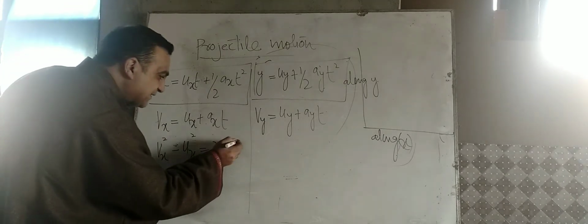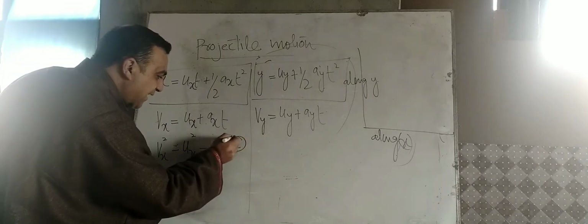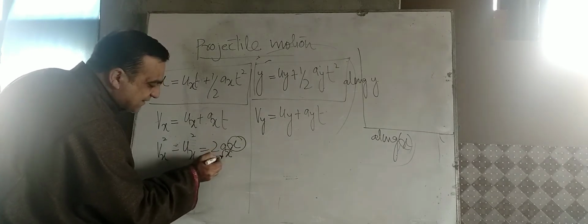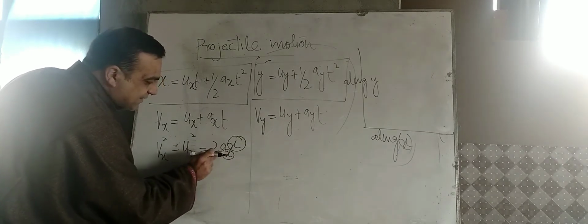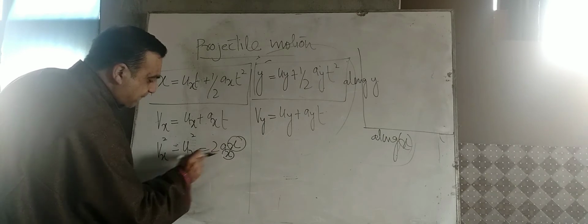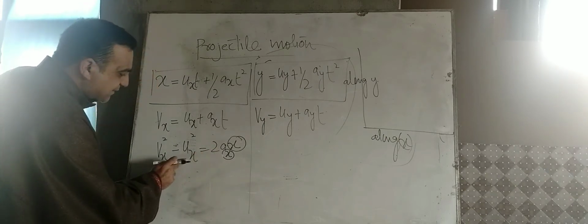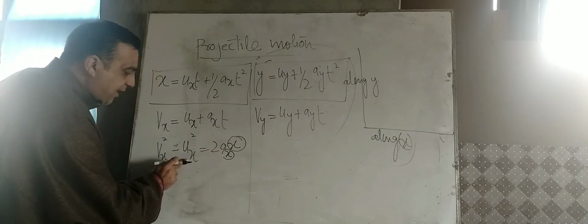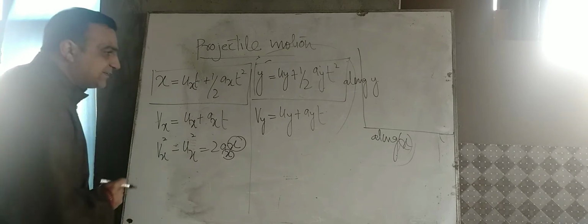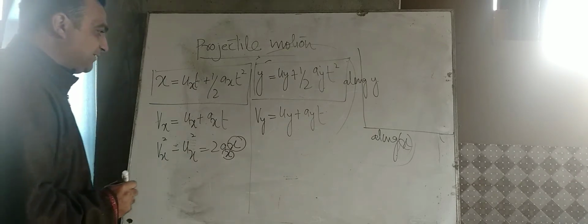Now this x is the displacement along the x-axis, and this subscript x signifies that this acceleration is along the x-axis. ux is the initial velocity along the x-axis, and vx is the final velocity along the x-axis.